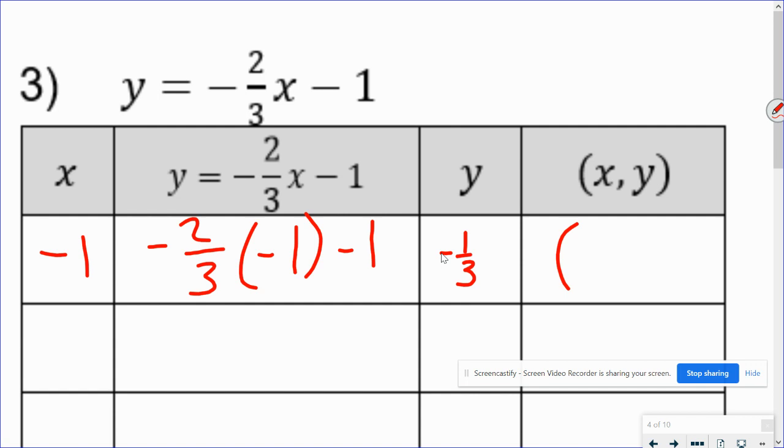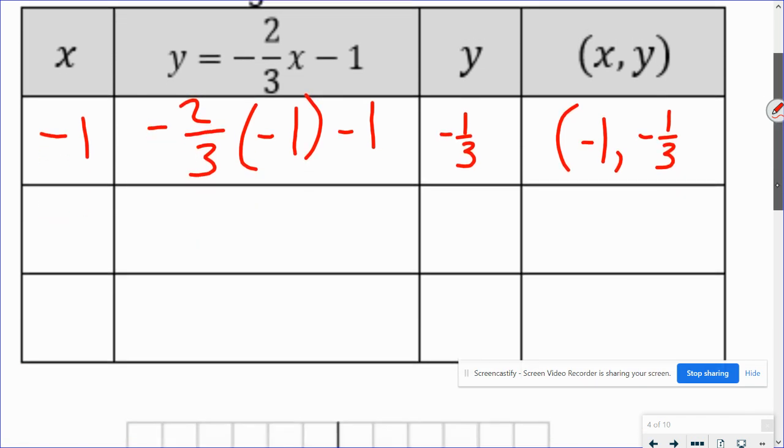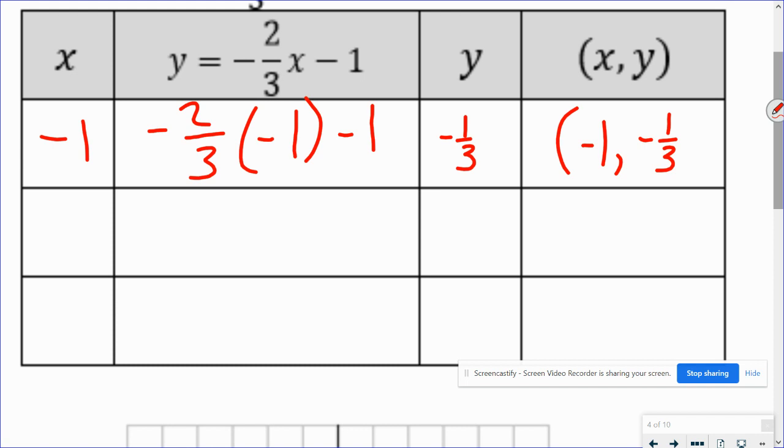No. Okay, so negative 1 and negative 1/3. And then always 0. 0 is a must because that tells you where your y-intercept is. Anything times 0 is 0. And what's 0 minus 1? Negative 1.